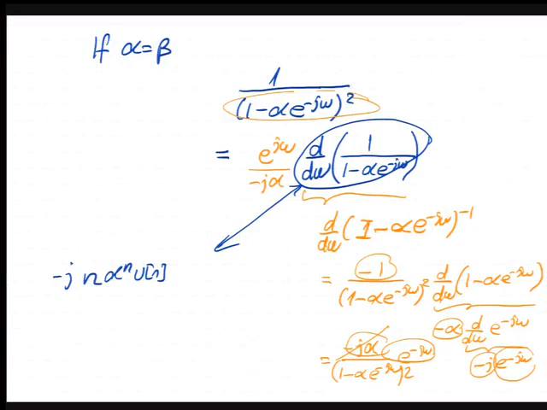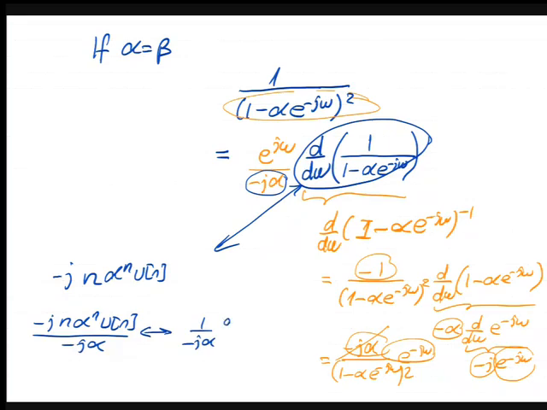But then there are the junk terms that we have. The first junk term is easy to deal with, this one. That's just a coefficient. So if I divide j n alpha to the n u of n by that coefficient, then I know I'm going to recover 1 over negative j alpha d by d omega of that thing.